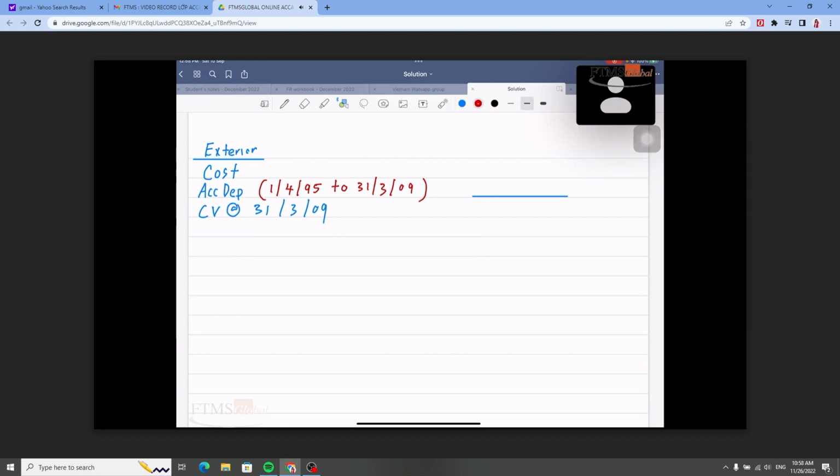Your year end is 31st March. So your first year of depreciation is 96. You need to calculate 96 to 2009. Your first year of depreciation is not 95, remember, it's 96. Then the rest is yours.